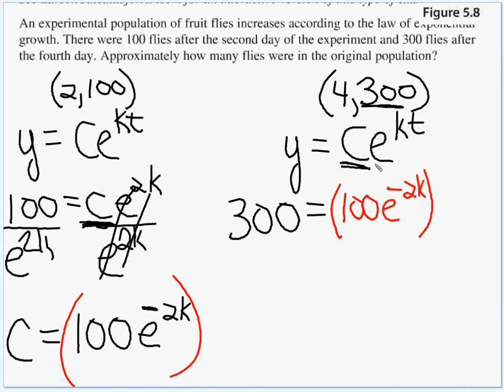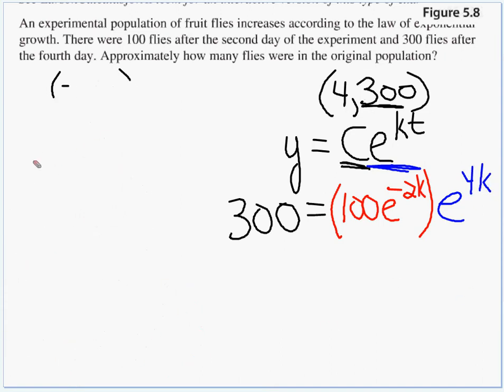And then I still have this piece, e to the kt, and we're plugging in t as 4, so this will be 4k. Okay, now if we look at this here, the only thing left that we don't know is our k value. So we can solve this for k.